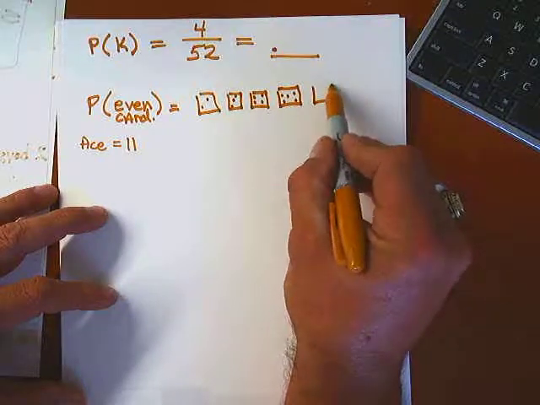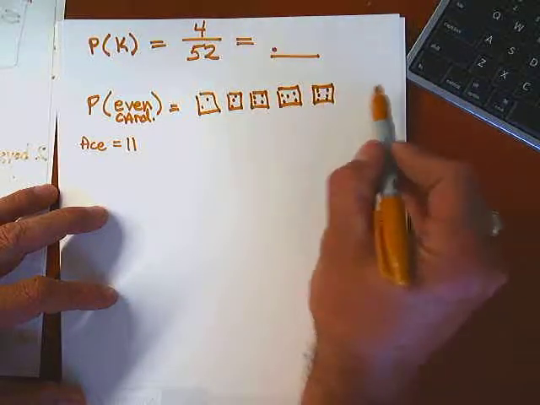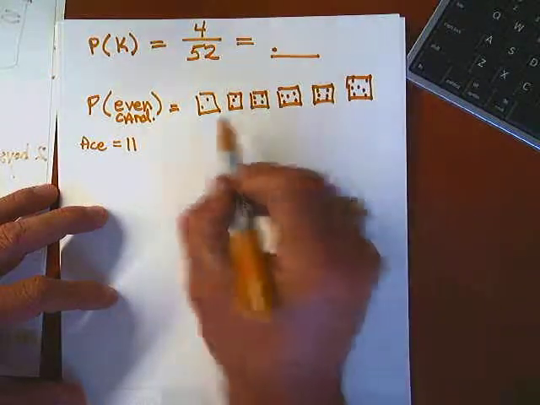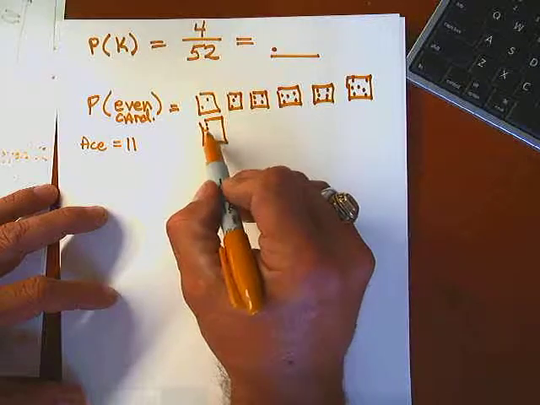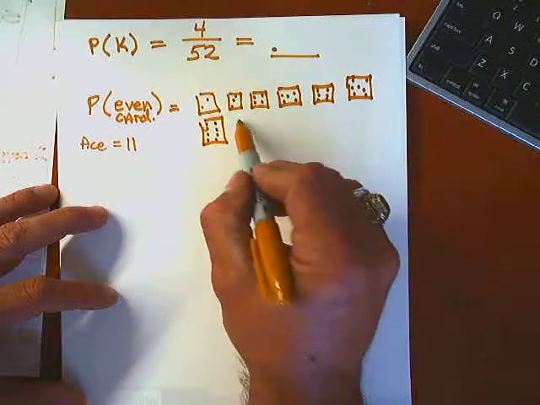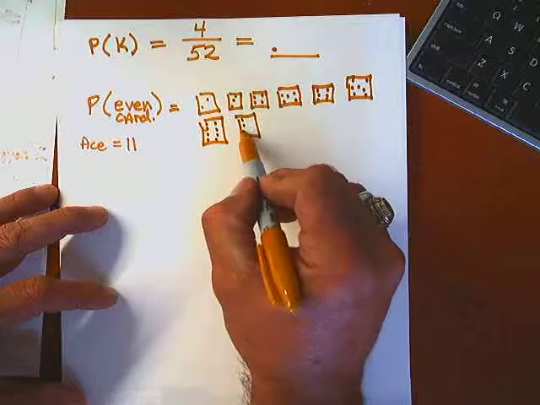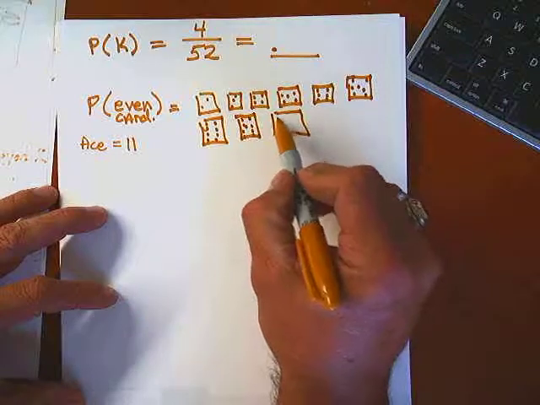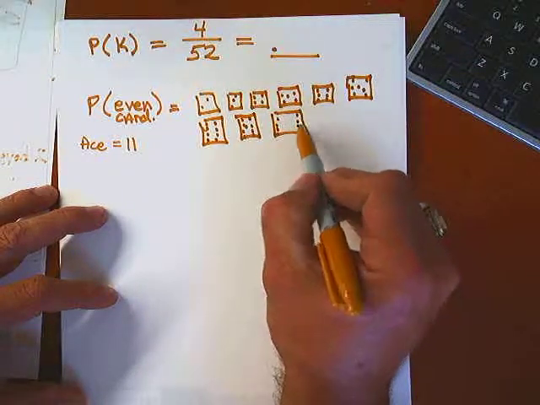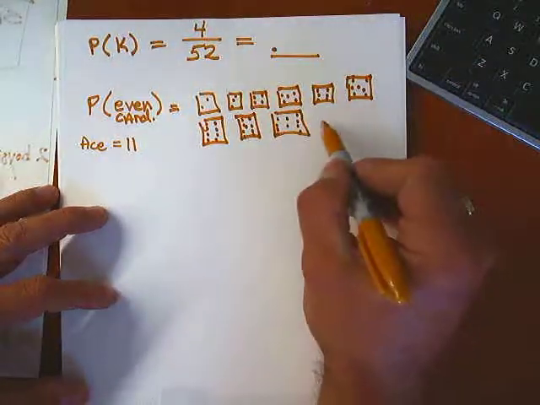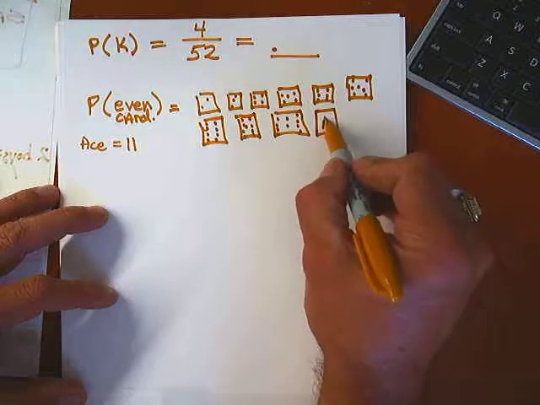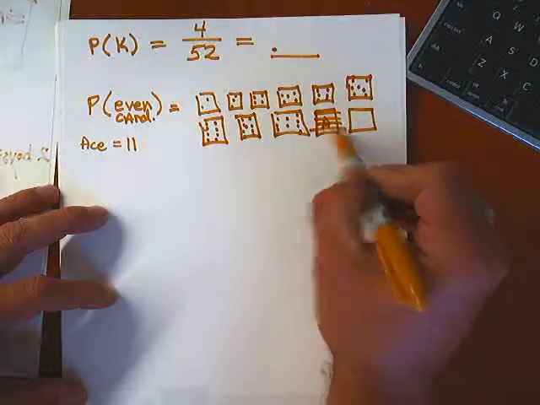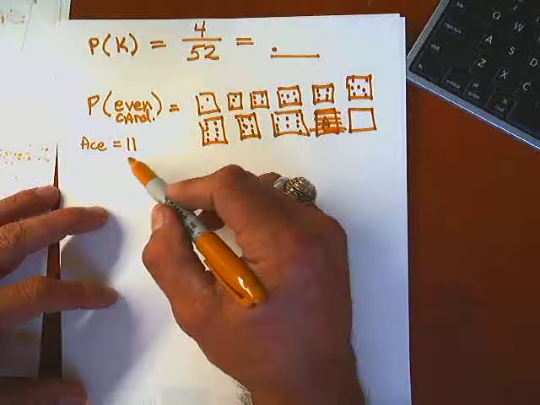That's a 2, and then a 3, and then a 4, and then a 5, 6, 7, 8, 9, 10.